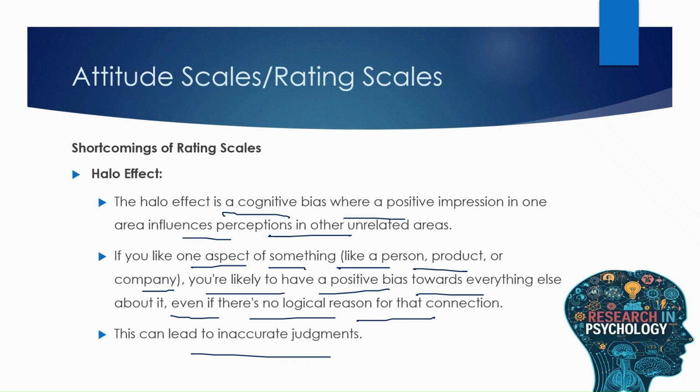But just because you like that person, you end up nominating that person for the post of student council president, right? This is called halo effect, which means if I like something for one characteristic, I'll assume that the person or that thing is going to be good at other things also, which may not be true. All right, so this is called halo effect.